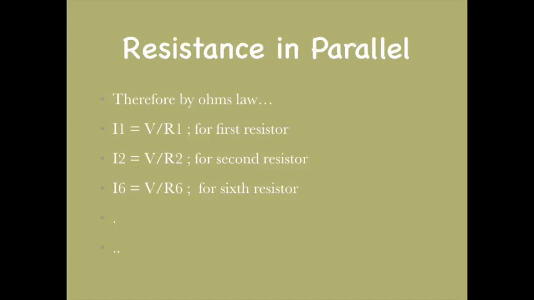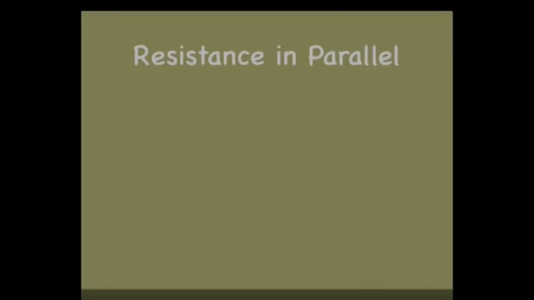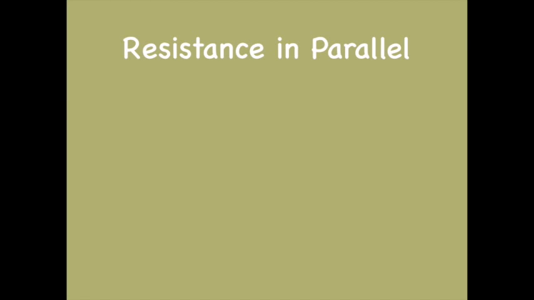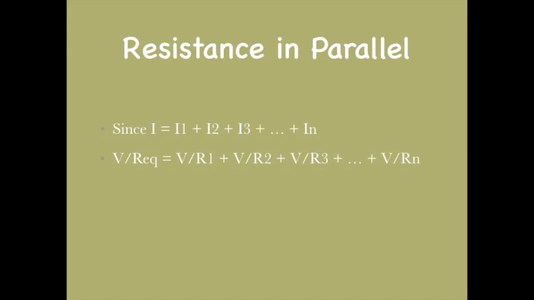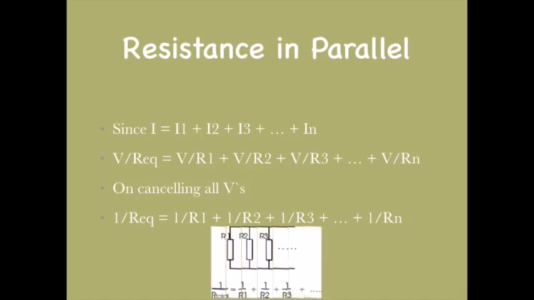This is just a simple Ohm's law equation. And since I have I equal to I1 plus I2 plus so on up to In, because the net current is getting divided, and by Ohm's law, I have this equation. So on cancelling all the V, as all the V's are equal, I'll be left with this equivalent relation. So this is the equivalent resistance for a parallel connected circuit.